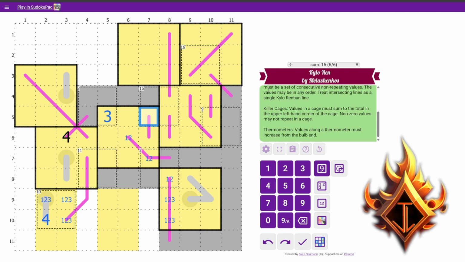The smallest that can be is 4. Can I make this 11? I don't think I can. Oh yeah, I can. This could be 4, 5, or no?